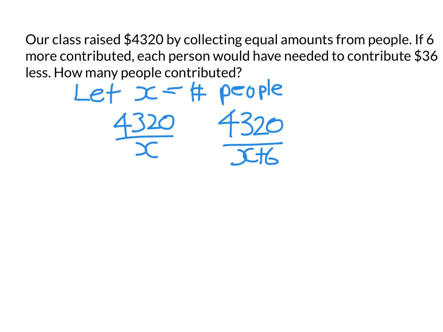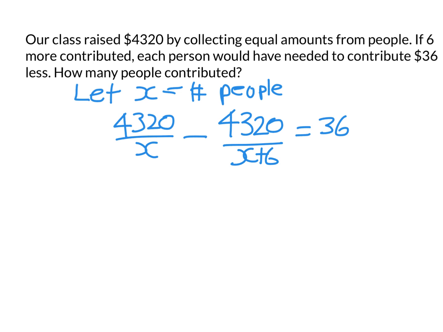So you can write that mathematically, this is 36 less than that, by saying first quantity minus second quantity gives us 36. This is a quadratic equation. It's still not easy to solve, but we've got an equation. We'll at least get some credit even if we can't go any further.